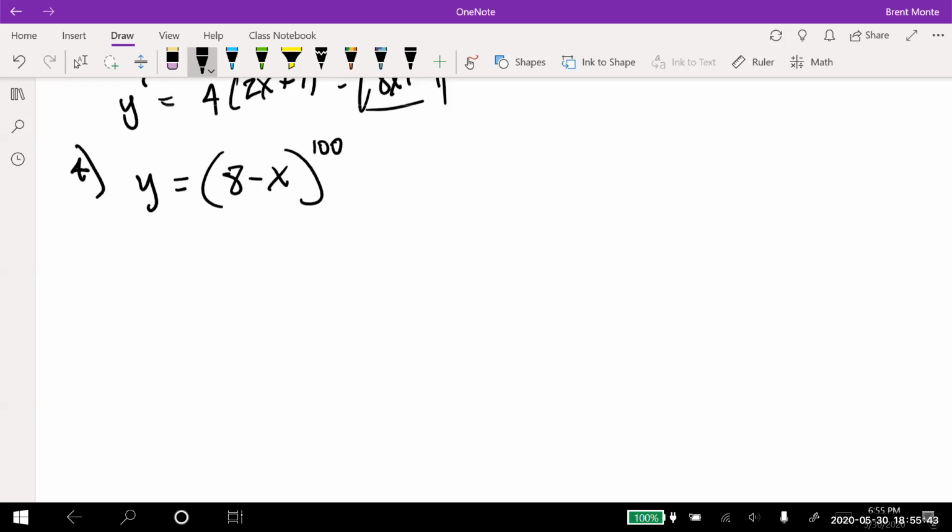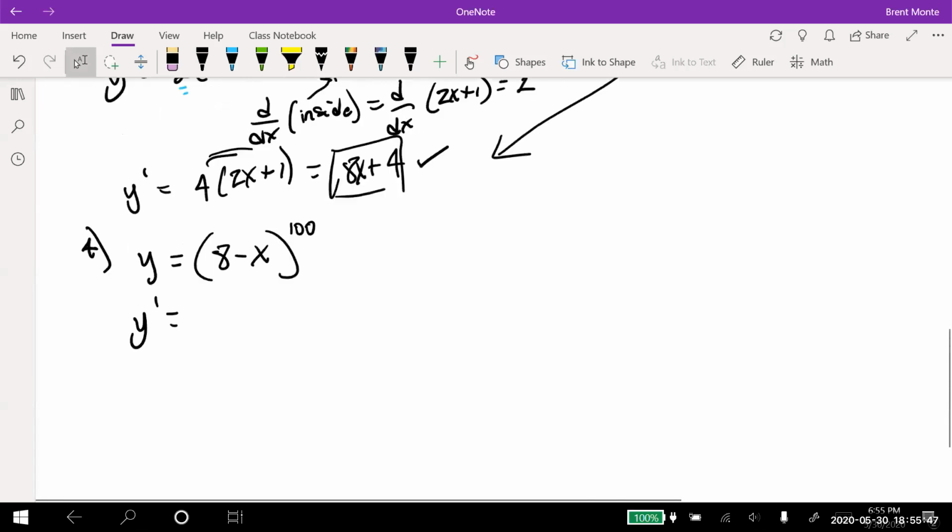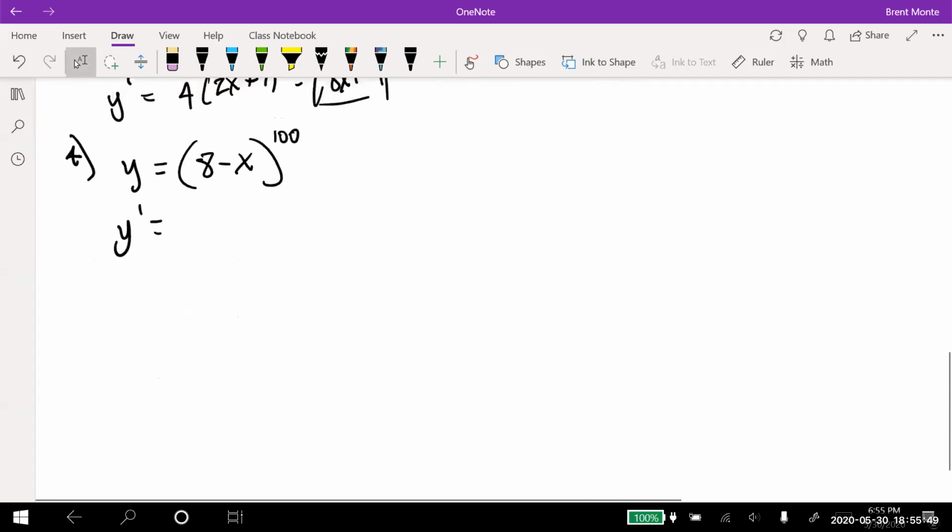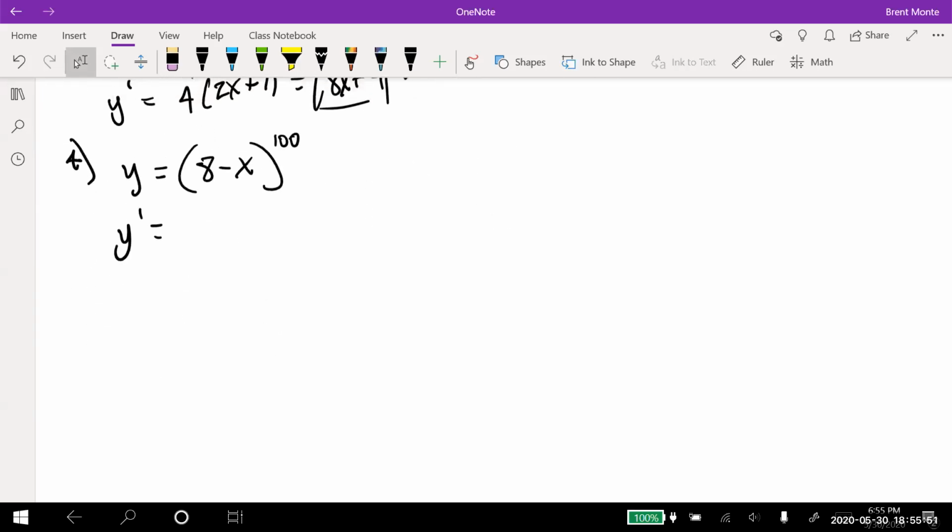So what I do is I do the chain rule. Remember the chain rule, we bring that 100 down just as if it was x to the 100th. If it was x to the 100th, we'd say, oh, it's 100x to the 99th. Well, we do that. It's just not an x, it's (8 minus x) to the 99th power. But then I say, wait, I didn't do anything to the inside. I have to take the derivative of the inside function. That's the chain rule.